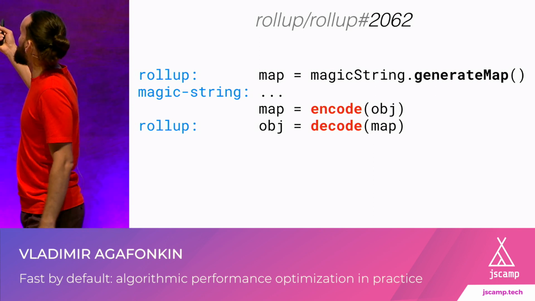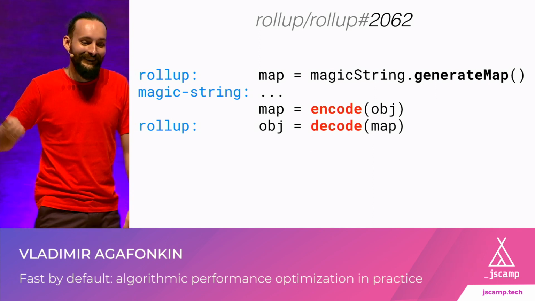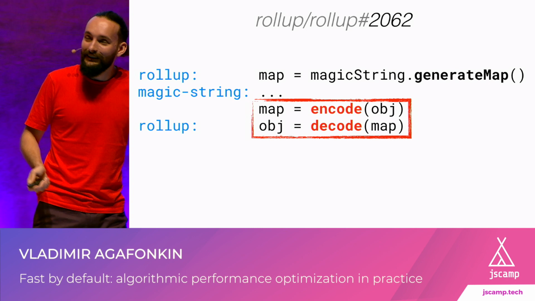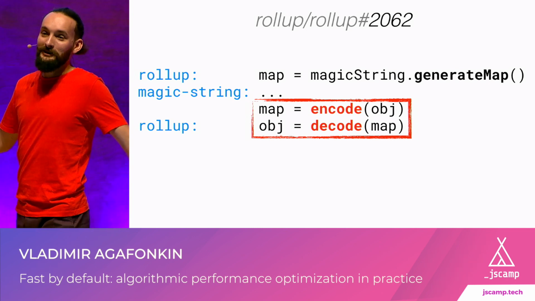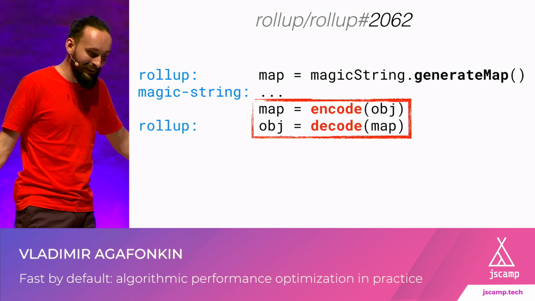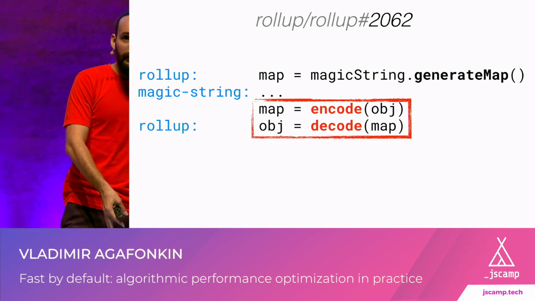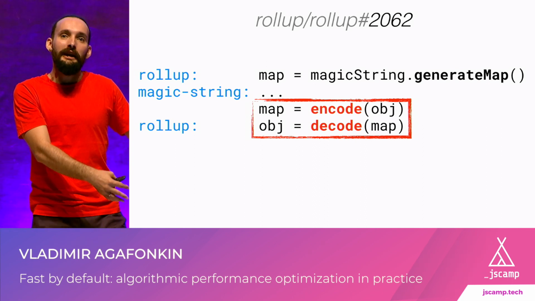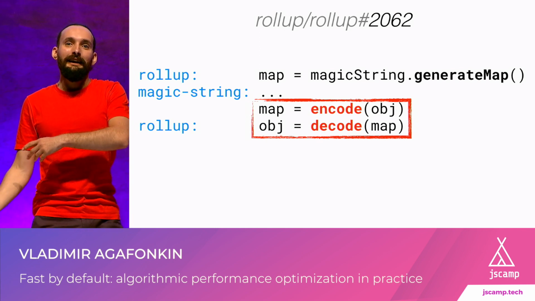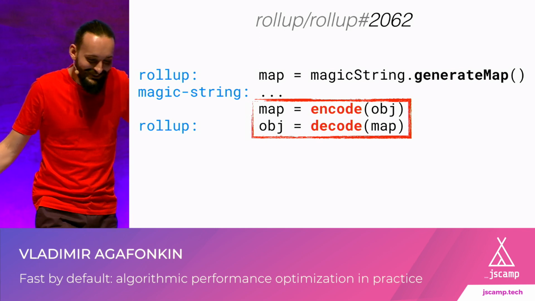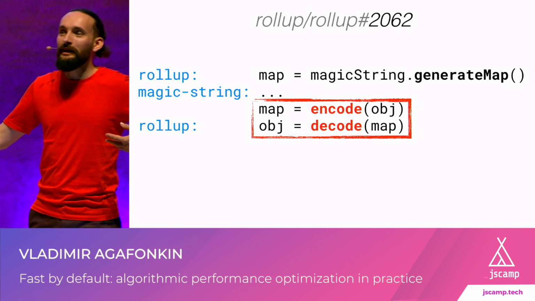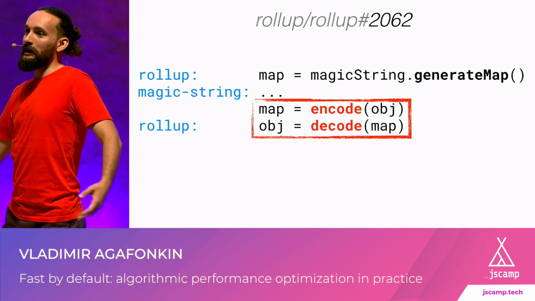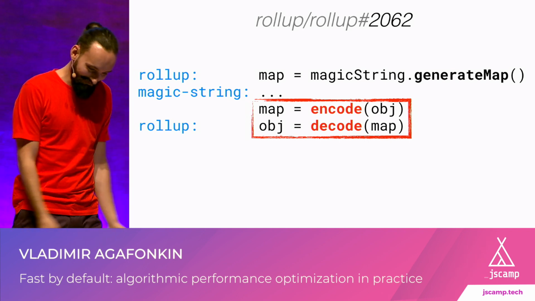And now, can you see what's wrong with this code? These two lines are completely useless. They're not needed, because you take an object representing a source map, convert it to a string, and immediately convert it back. No one needs that. So if you remove those two lines, it will just magically get better and faster.